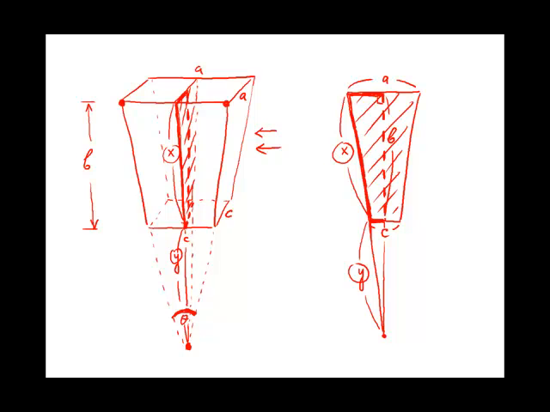Who doesn't understand how it looks in 3D space? You understand? So X and Y, these two lengths, two lines, belong to that triangle in which theta is.